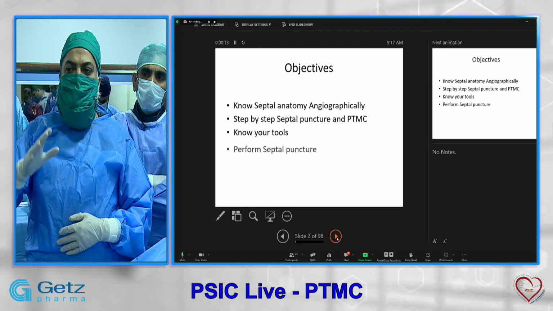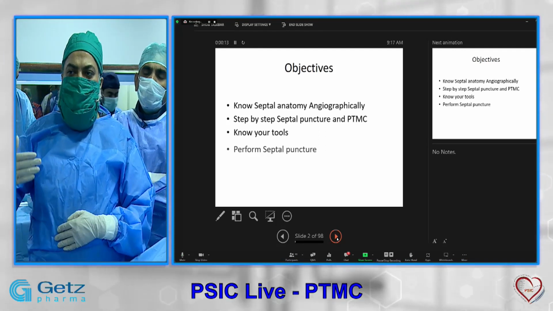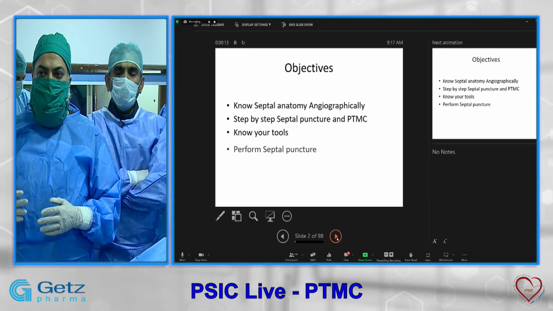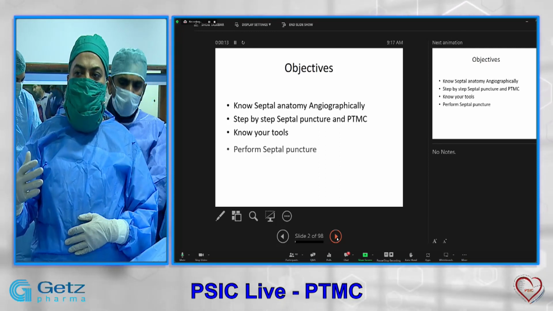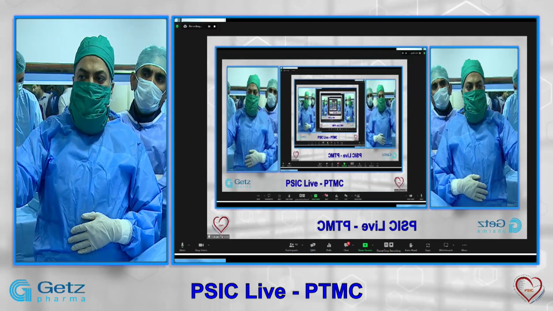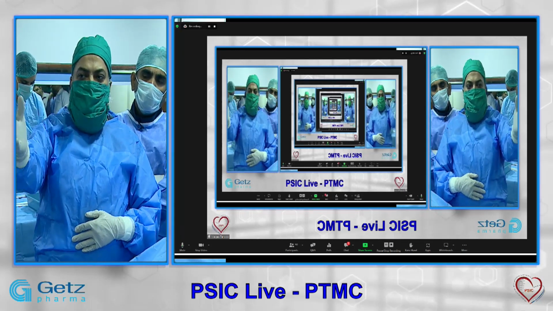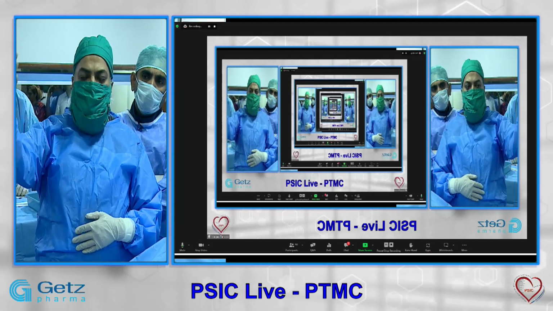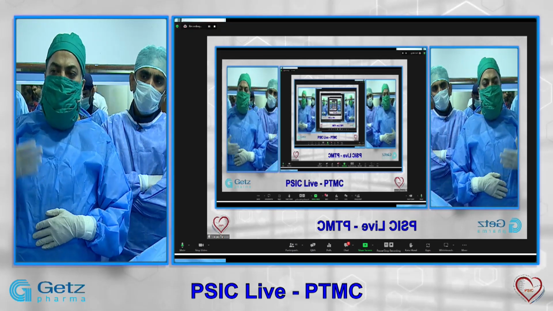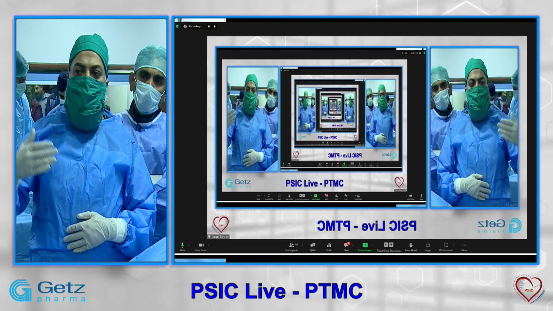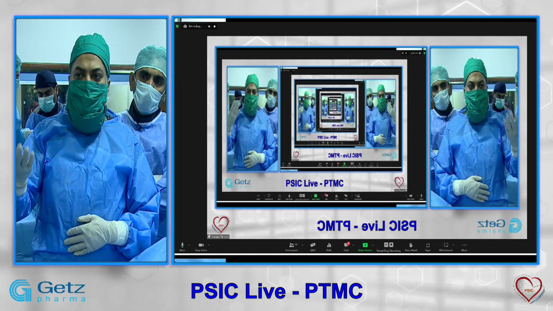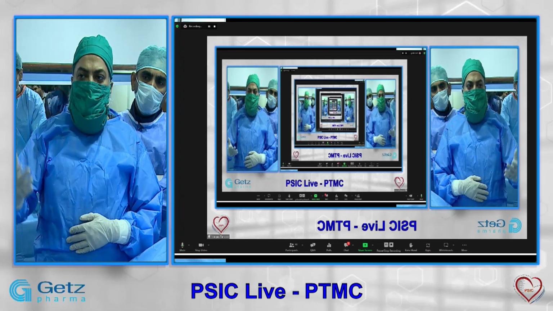This is the frontal view of the heart on fluoroscopy. We see RV and LV on our left side, and what we are seeing is the interatrial septum from the front, because we have RA at the front and the left atrium at the back.